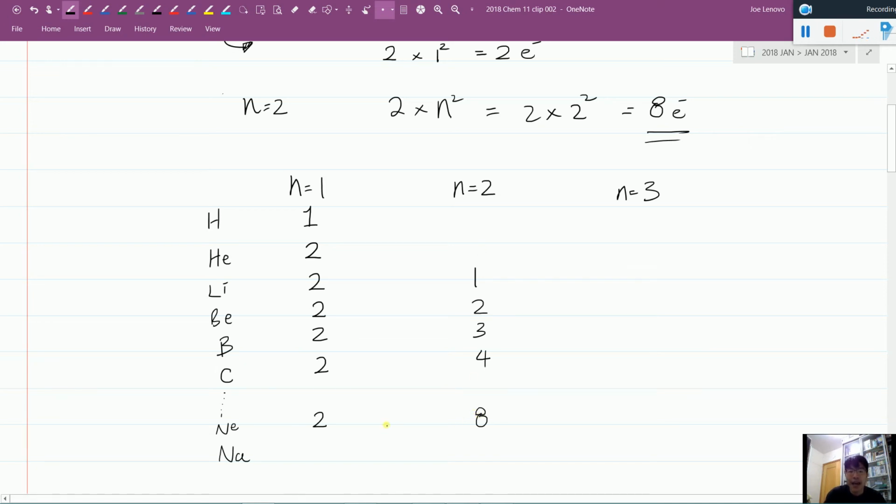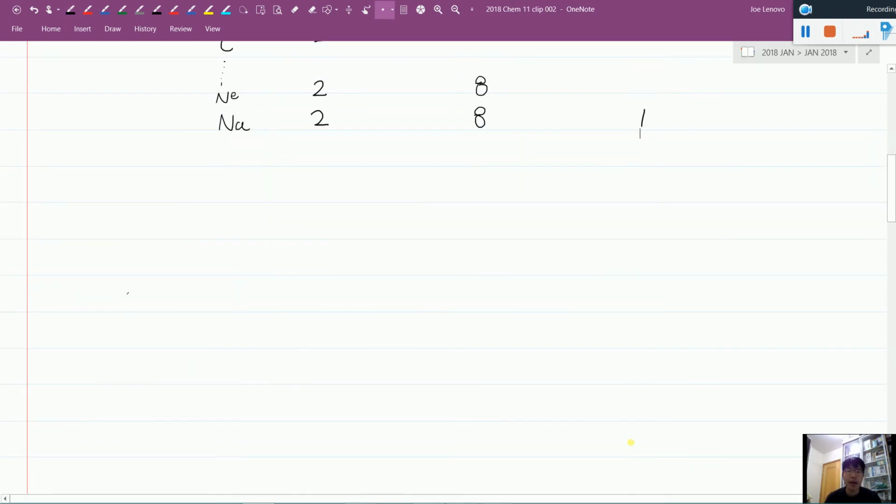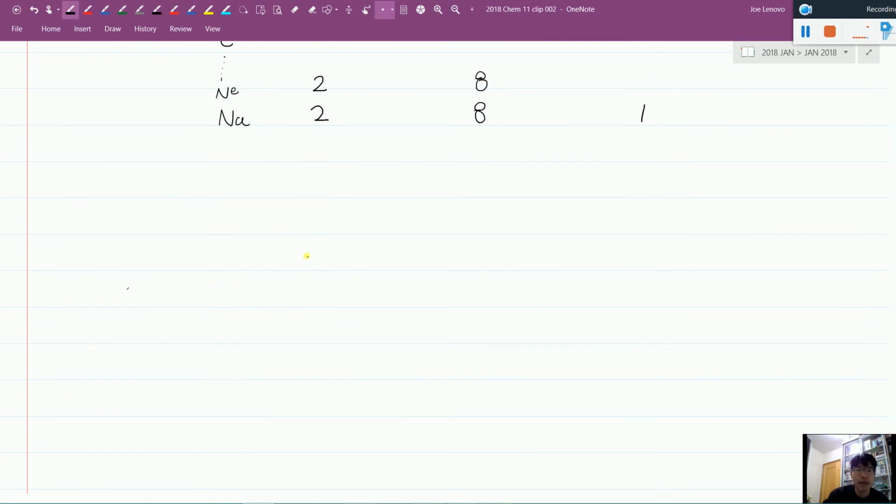So now we have one more electron. It cannot go into the second shell, so it goes to the third one. From number 1 all the way to number 11, it works really well. How about we keep going up to 18. The next one is sodium, then Mg, then phosphorus, and then argon as 18.